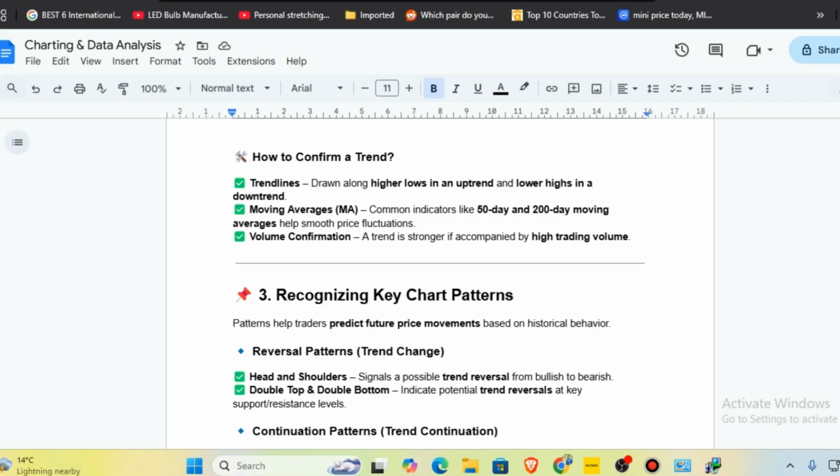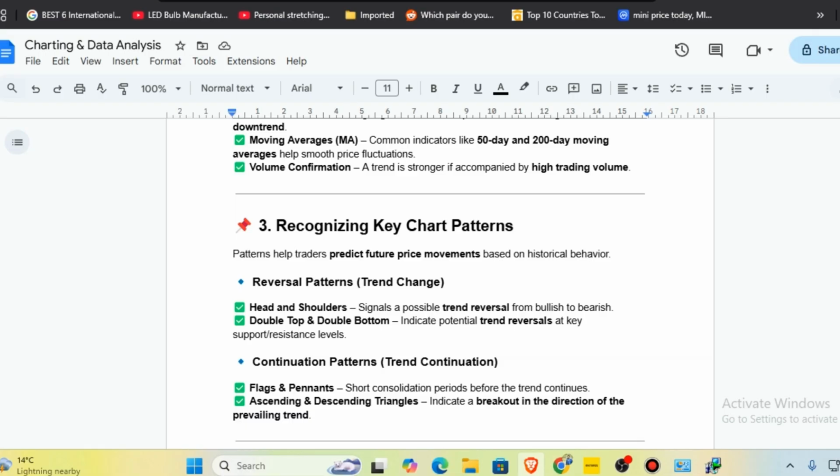You can also use moving averages of 50 and 200. I also use the 50 moving average for determining trend, because going with the trend is very necessary, and then the 200-day moving average helps smooth price fluctuations. Volume confirmations are very necessary, and we have a whole course related to volumes, which is considered Wyckoff volume.